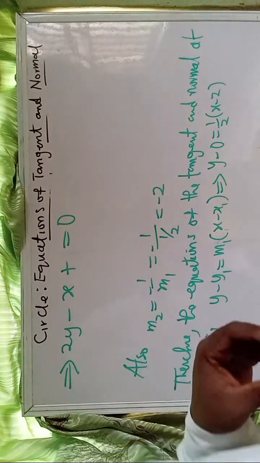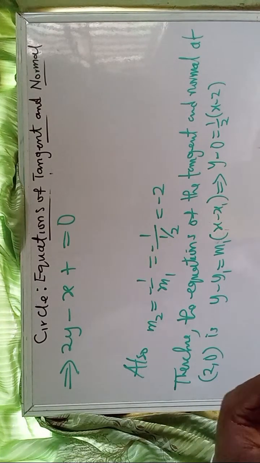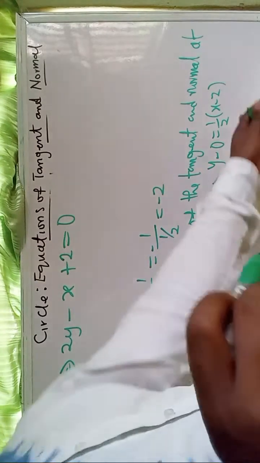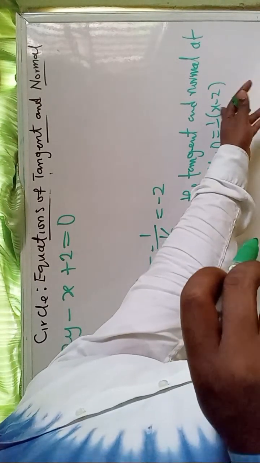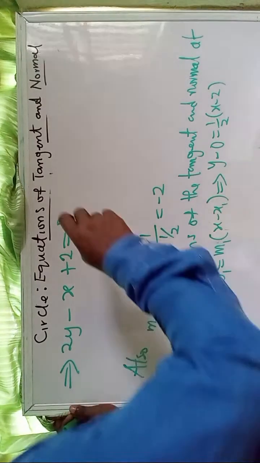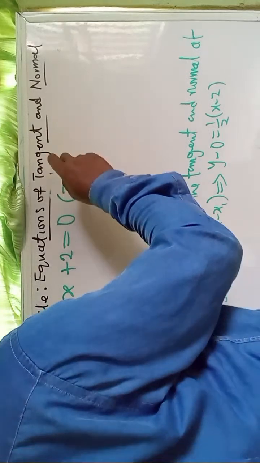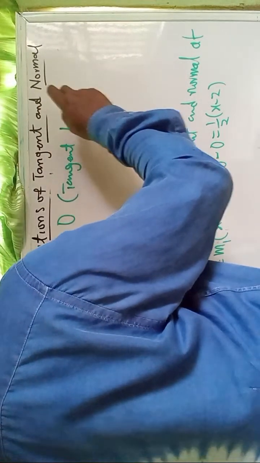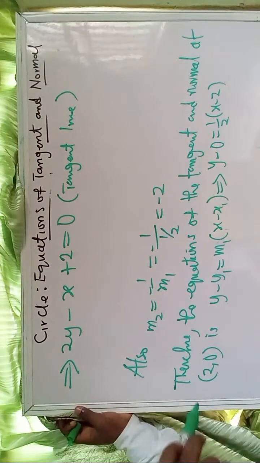It should be plus 2 in that case. So this will be plus 2. Yes. So this is the equation of the tangent. This is the tangent line.